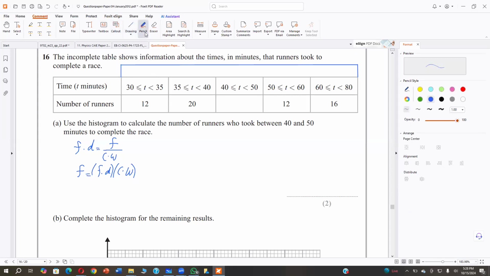The class width is 5. The class width is 10. And the class width is 20. So let's find out the frequency density because we need it, so we can scale the y-axis. Otherwise we can't scale it. Can you look at the screen?